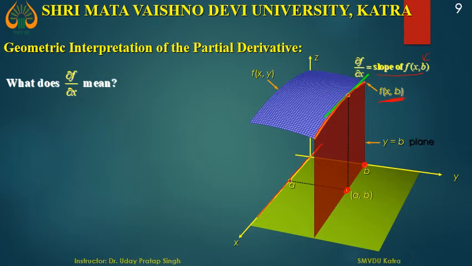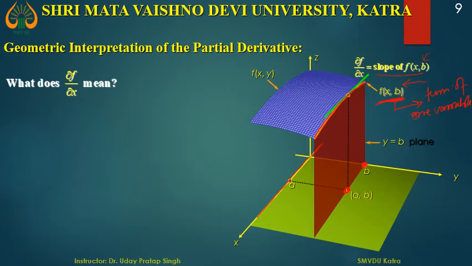What is dou f by dou x? You draw a tangent line at any point of this curve f of x, b. Remember that f of x, b is a function of one variable. Now, draw a tangent line at any point of this curve.